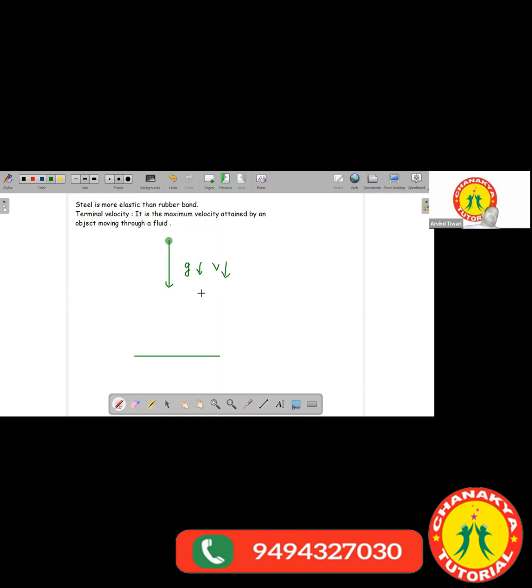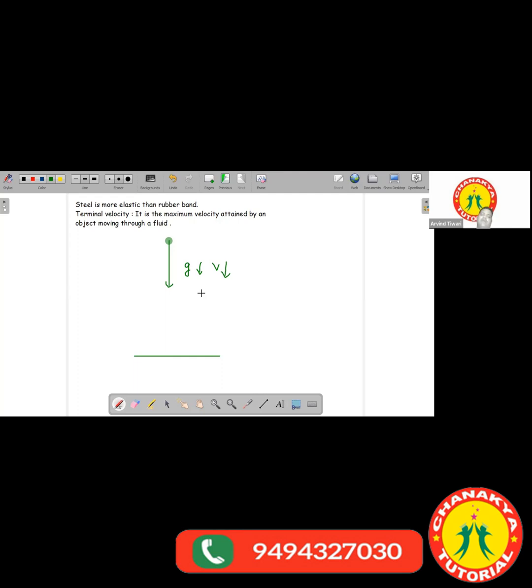Because the velocity and acceleration are both acting in the downward direction, the ball is accelerating downward. Okay? Its speed is increasing in the downward direction. Now, its velocity would increase too much, but we have air in between.